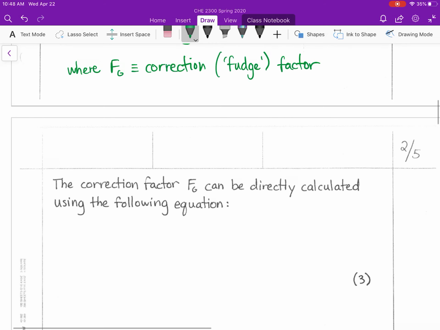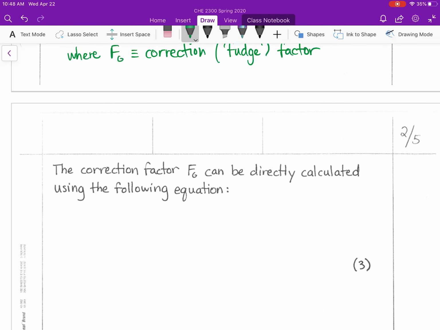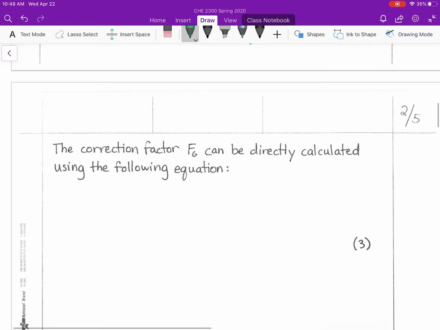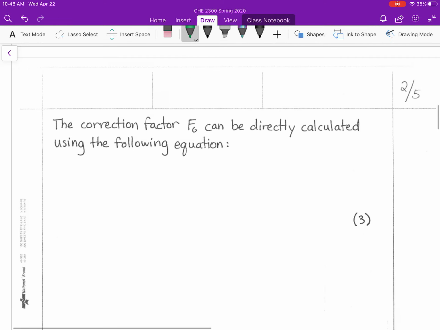The correction factor can be determined or calculated directly using the following equation. If you bear with me, this is a relatively large equation, so it's going to take me a bit to write it down.